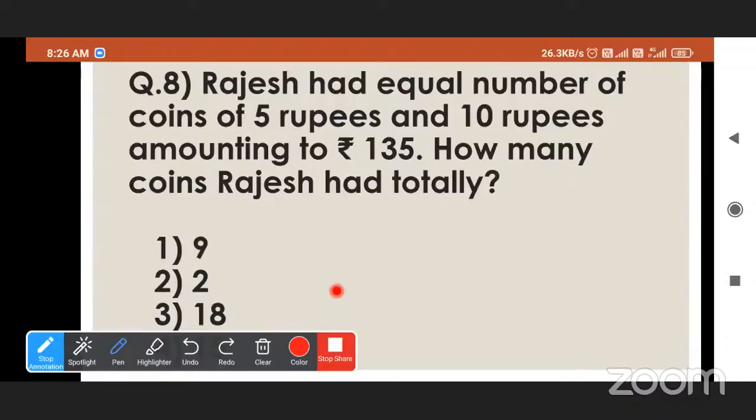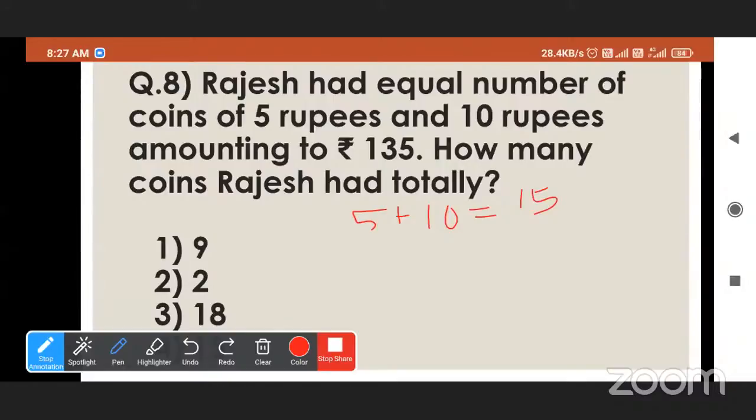So 5 plus 10 is, see here, 15. One coin of 5 rupees and one of 10 rupees together make 15. And we have to find the total number of coins.